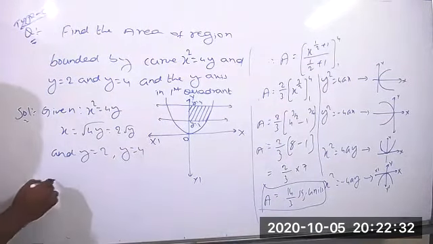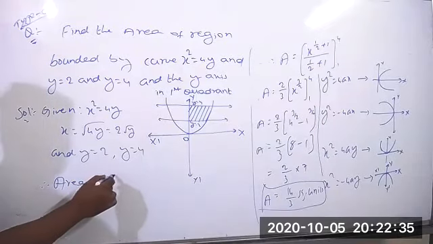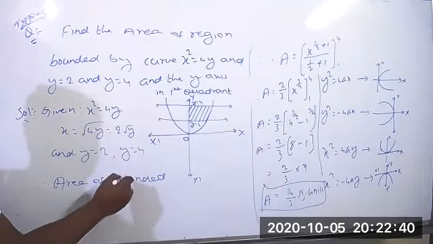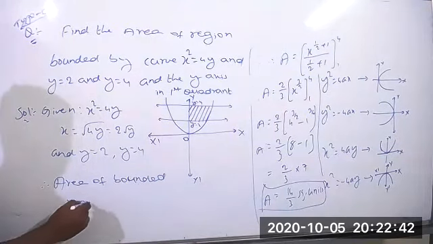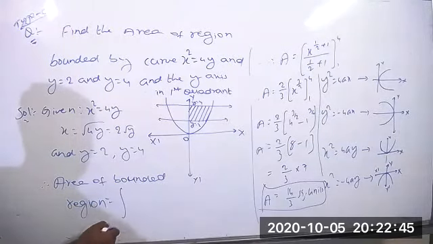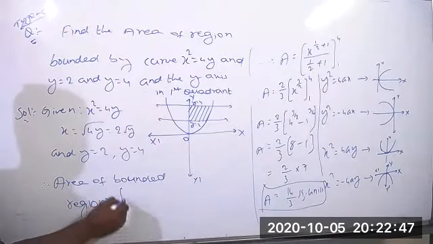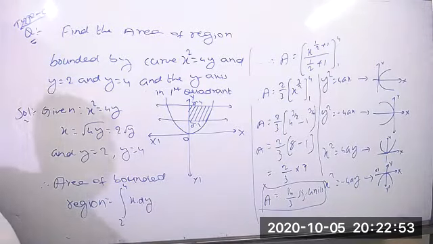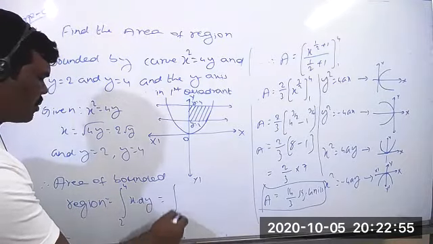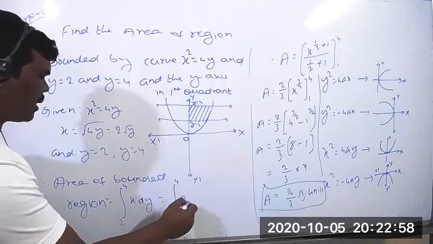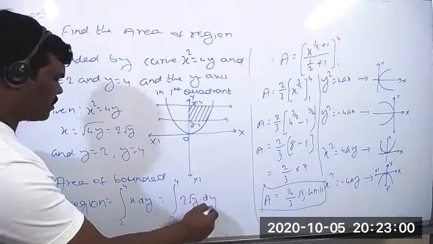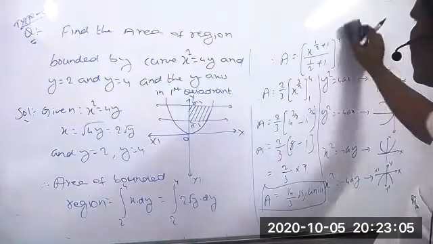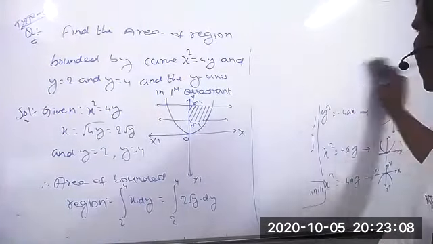So therefore, the area of the bounded region is equal to the integration from 2 to 4 of x into dy. So the integration from 2 to 4 of x equal to 2 into root y into dy. Now 2 is the constant, take it outside.